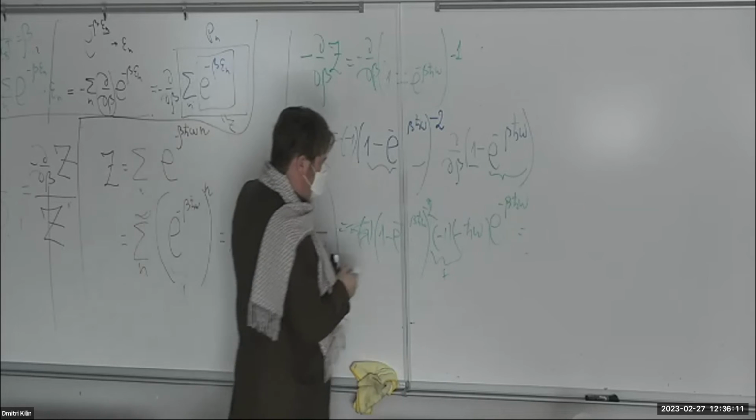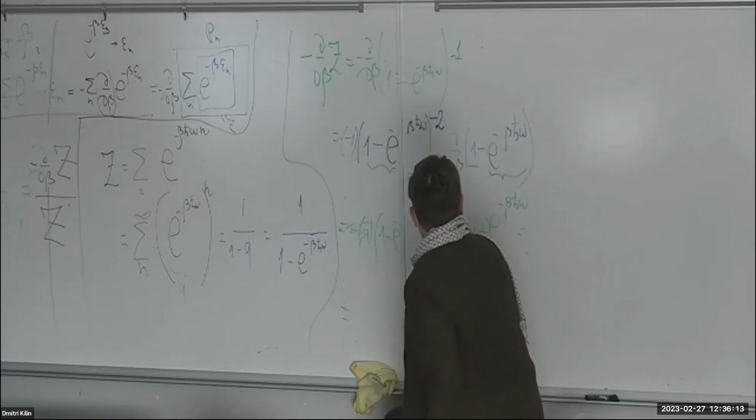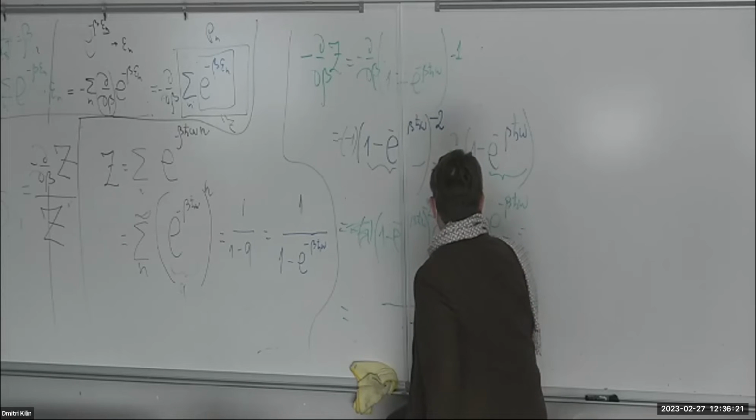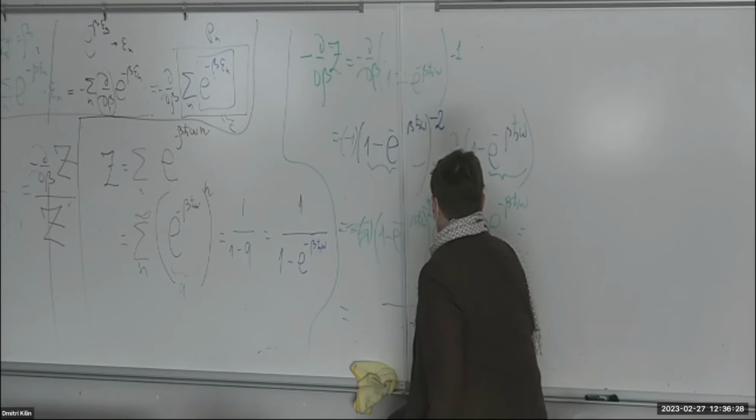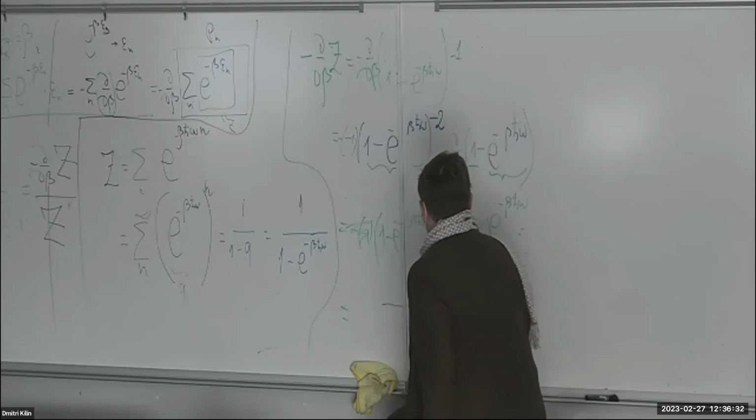So we are getting h bar omega times e to the minus beta h bar omega divided by 1 minus e to the minus beta h bar omega, squared.